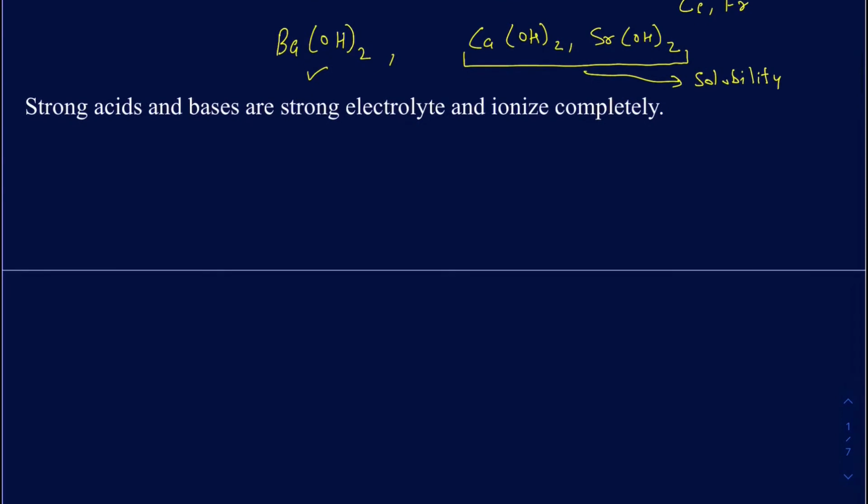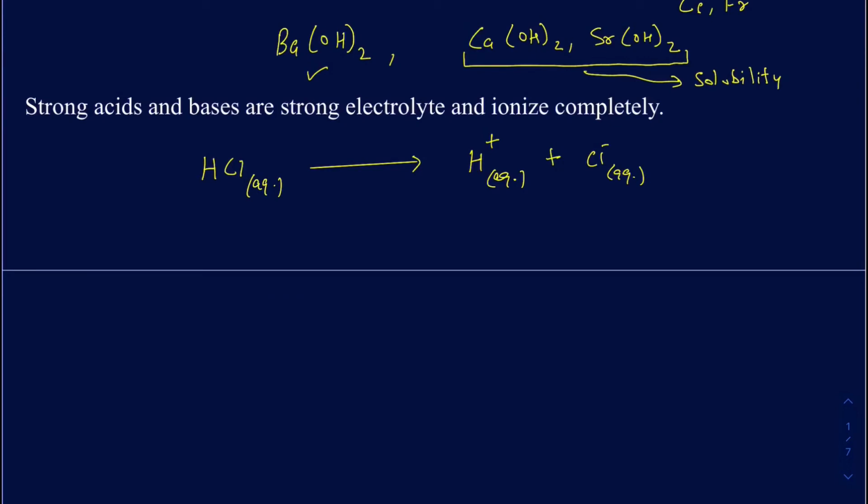Let's talk about strong acids and strong bases being strong electrolytes. What does strong electrolyte really mean? It means they ionize completely. So if I write down HCl, a strong acid, when we dissolve that in water, it's going to break into H plus and Cl minus completely.